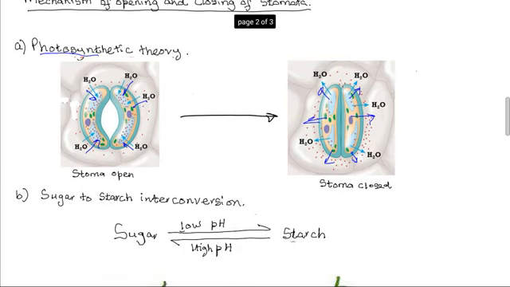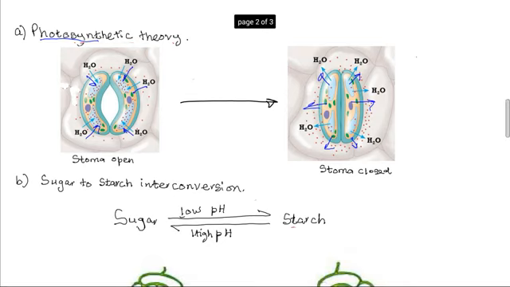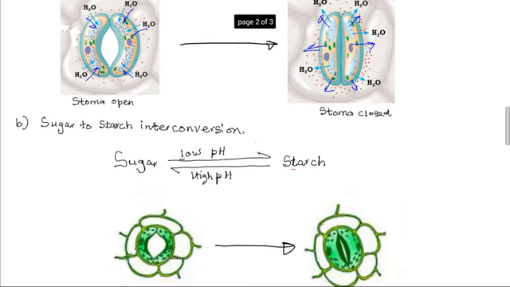The second theory in explaining the mechanism is sugar to starch interconversion. This theory presupposes that depending on the conditions within the guard cells, sugar may be converted into starch or starch into sugar, depending on the pH.